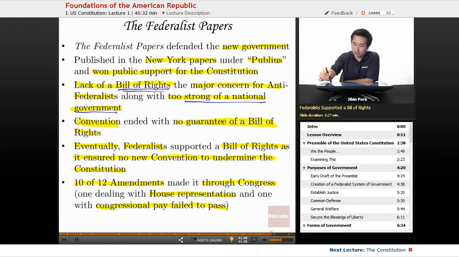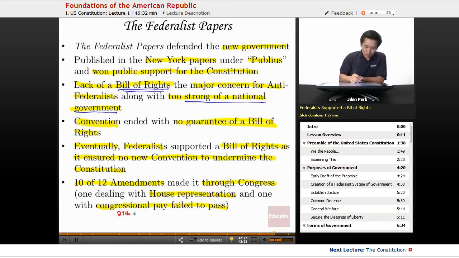Now, what's kind of interesting is that many years later, the congressional pay amendment that never was ratified, it was actually passed by Congress, but it was not ratified. But the 27th Amendment, it was ratified in the early 1990s. So the time that elapsed between proposing the amendment and ratifying was 200 years.